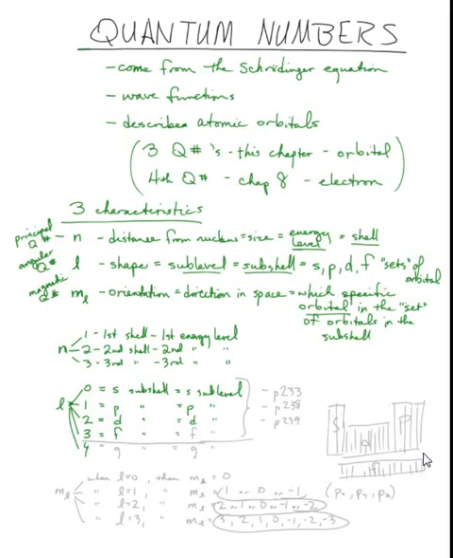It's just basically a sphere. And it's pretty easy. And then we want to look at the shapes of the p orbitals, 238 and 239, and for the d's.